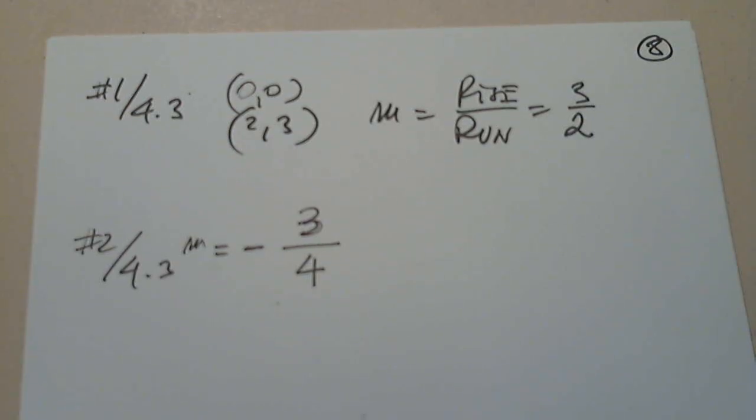So for any 4 unit change in x, the change in y will be 3 units? Yes, but negative. Because it goes down. Exactly. Good.